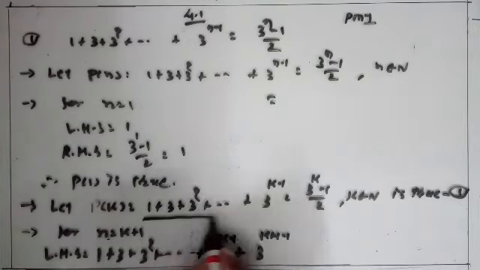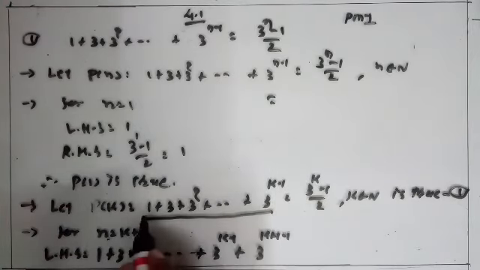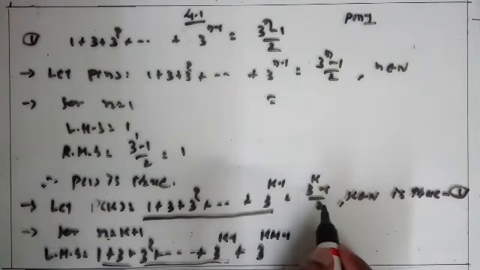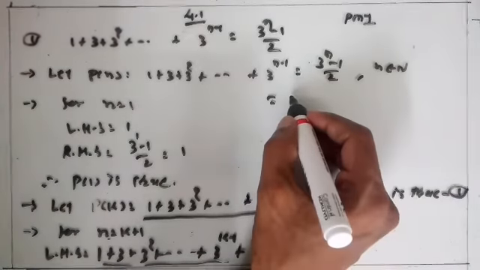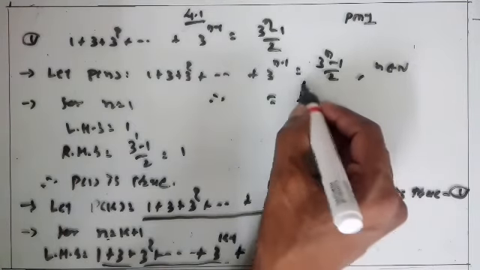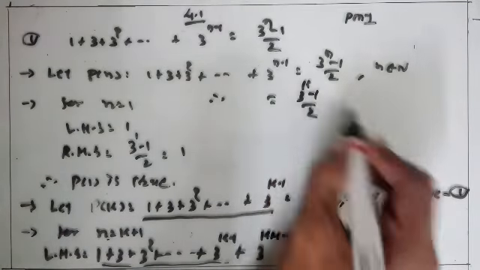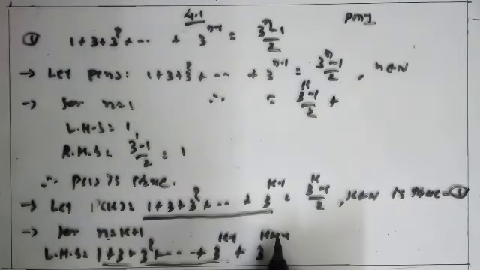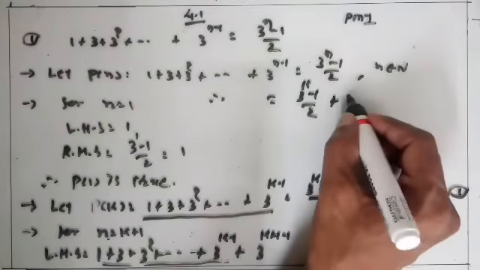We know that by result 1, the sum 1 to 3 raised to k minus 1 is equal to 3 raised to k minus 1 upon 2. So this becomes 3 raised to k minus 1 upon 2 plus the last term, 3 raised to k plus 1 minus 1, which becomes 3 raised to k.